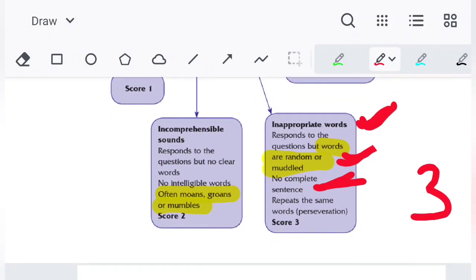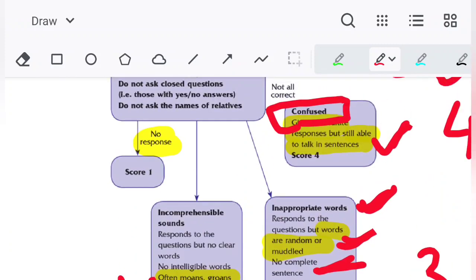Then if the patient does not give any clear words or a clear sentence, only moaning or groans are present, score of 2. Then no response, score of 1.